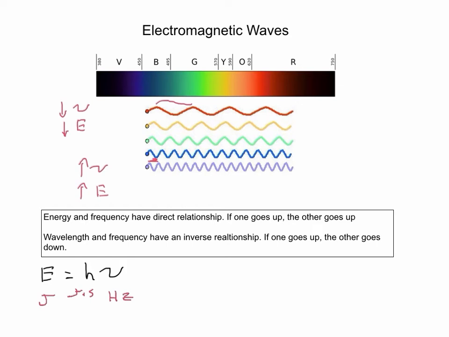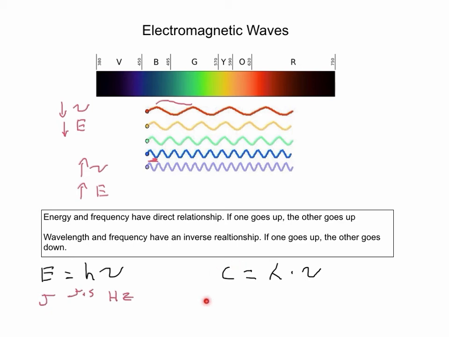The other equation that we're actually going to use more is going to be the wavelength and frequency equation. This equation is c equals lambda, the wavelength, times nu, the frequency.